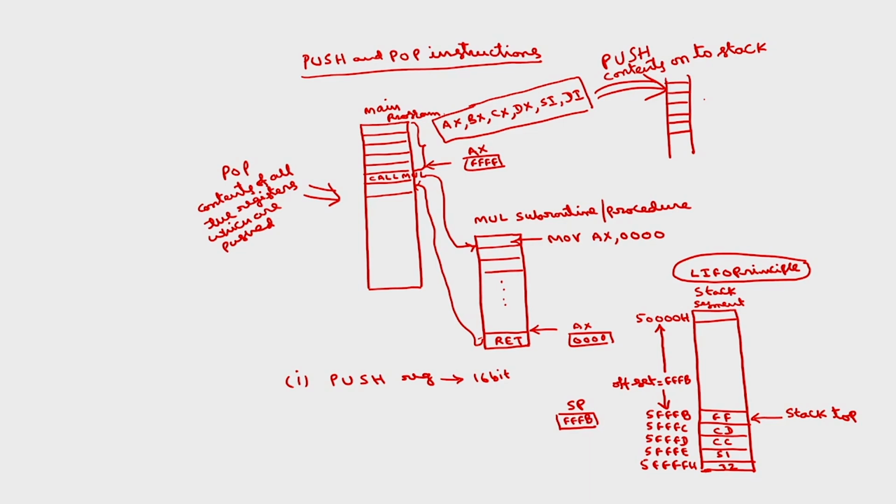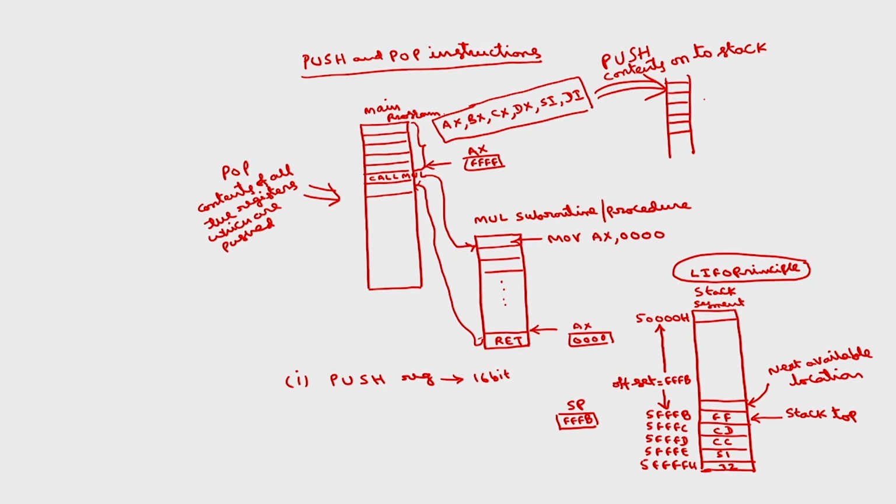Now, this is the next available location. Whenever you want to push data, this is the location where you have to store that data. In push register, this register must be a 16-bit register.